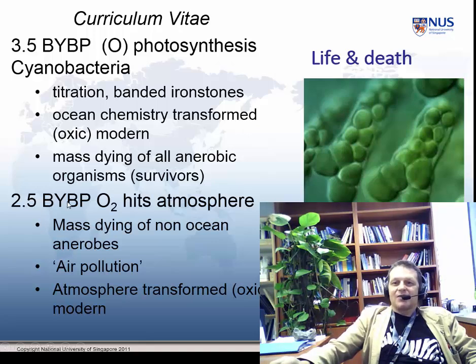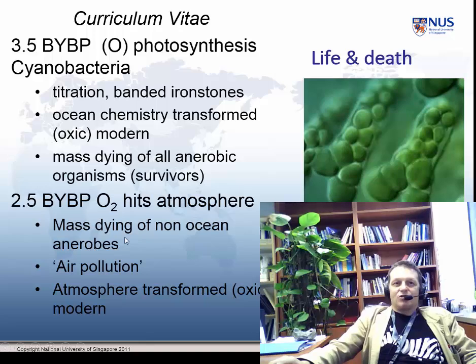But at some point, about 2.5 billion years before present, the ocean was then oxygenated, it was oxic. At that time, this massive production of oxygen didn't need to be used in the ocean anymore to oxidize it. It hit the atmosphere. And anything on land, maybe in puddles or whatever, would have been anaerobic. There was a mass dying then of the non-ocean anaerobes.